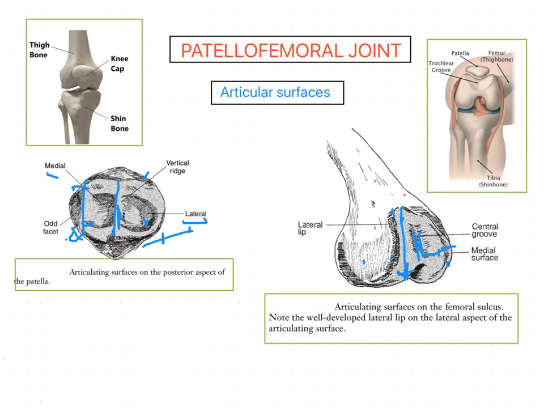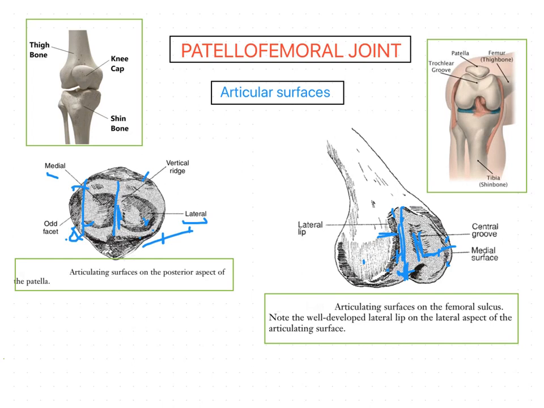Here the lateral facet is slightly more convex than the medial surface and has a more highly developed lip. Here you can find the lateral lip is more developed than the lip on the medial surface.